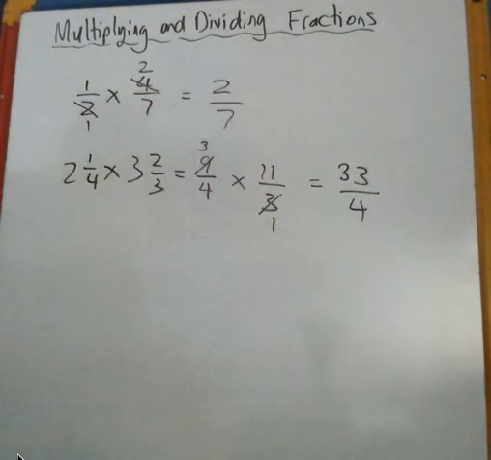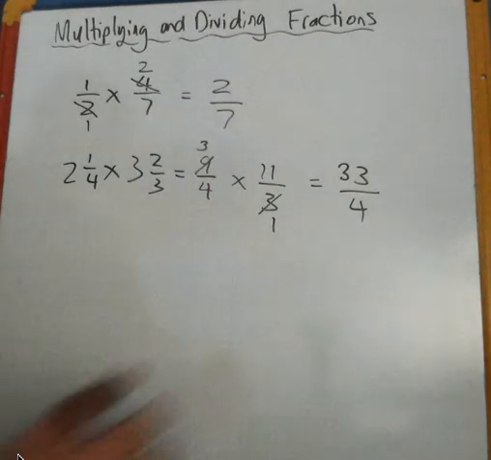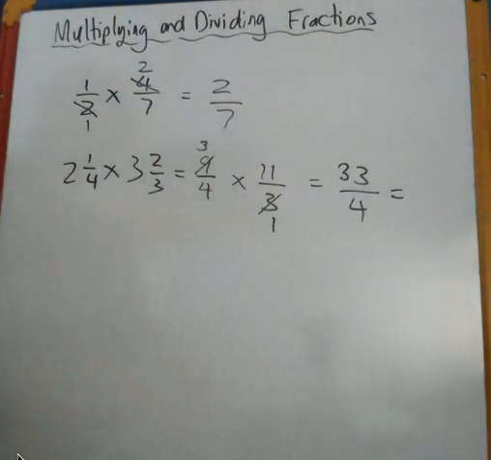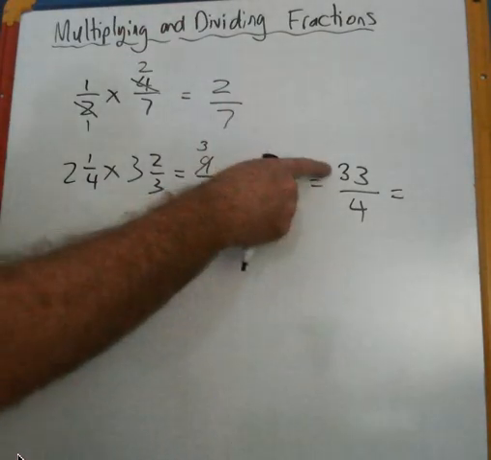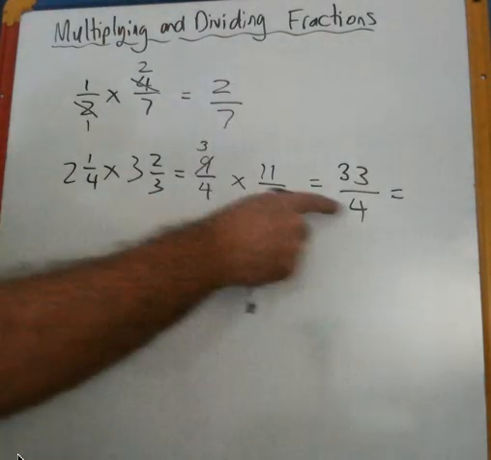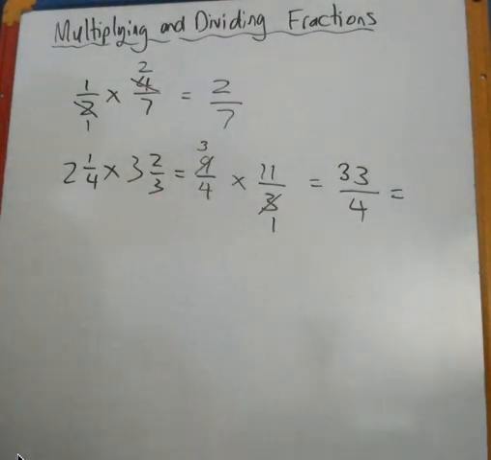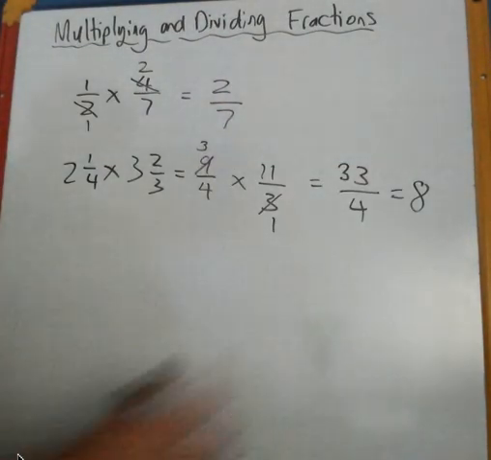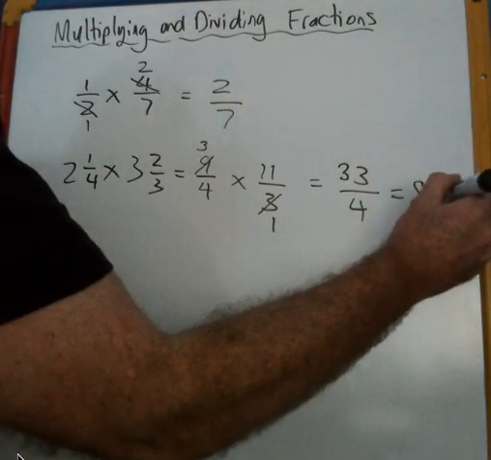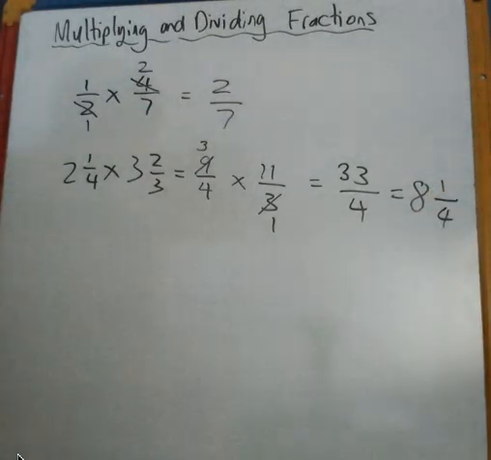It might be okay to leave your answer as a top heavy fraction, that's absolutely fine. But if you're asked to turn it back into a mixed number, then remember that a fraction is a division, top divided by bottom. So how many 4s go into 33? Well, 4 8s make 32, so it's going to be 8, and there's a remainder of 1, and we're dividing by 4.